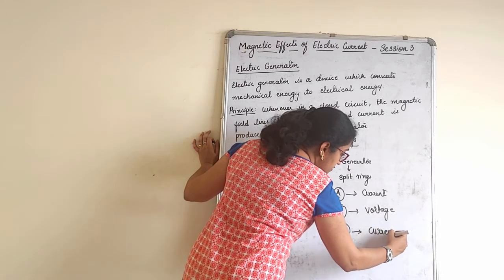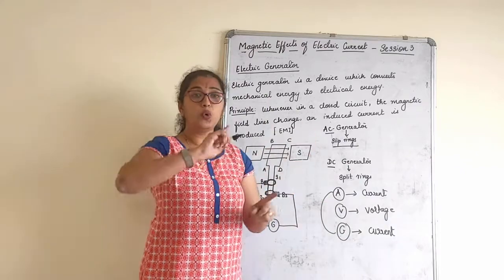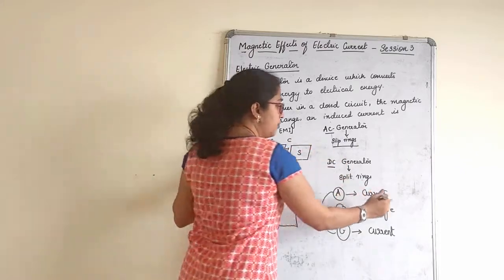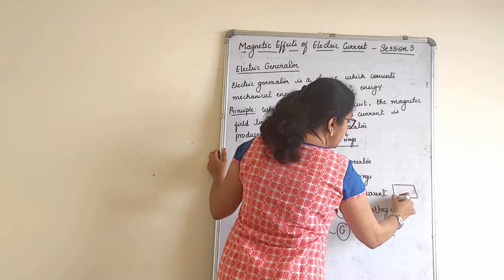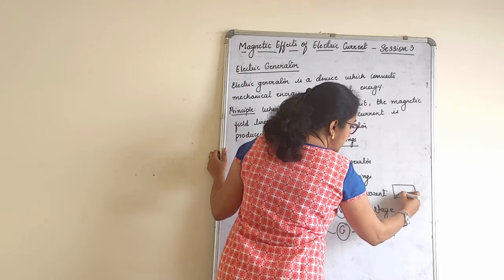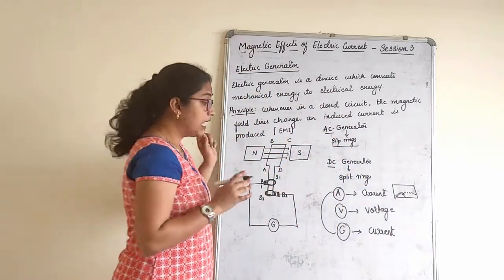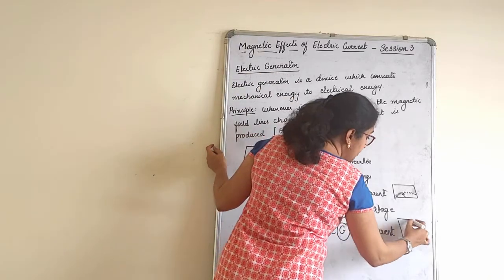Then what is the difference between an ammeter and a galvanometer? An ammeter will only give me the current. How will the ammeter reading be? It will start from 0, it will have those points, right? So it will point at one point only. This is the ammeter. How will the galvanometer reading be?